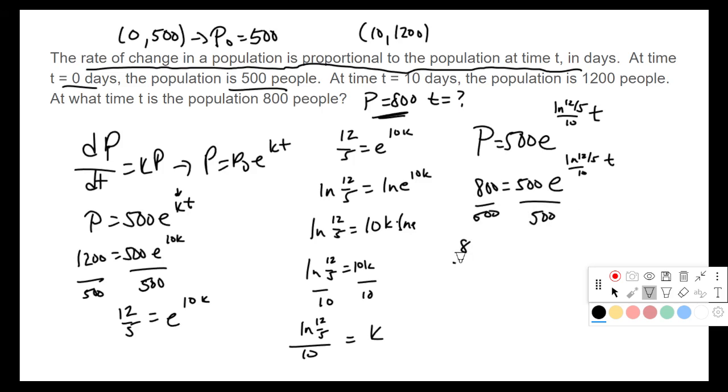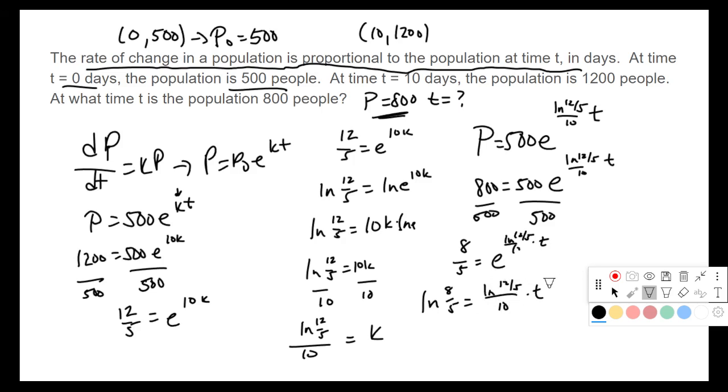You have 8 over 5 equals e to the natural log of 12 over 5 over 10 times t. Take the natural log on both sides. You have the natural log of 8 over 5 equals the natural log of 12 over 5 over 10 times t. And then you can multiply by the reciprocal of this to get t alone.